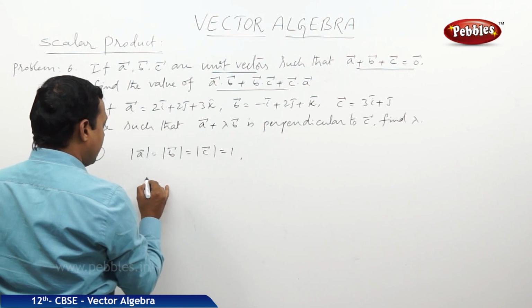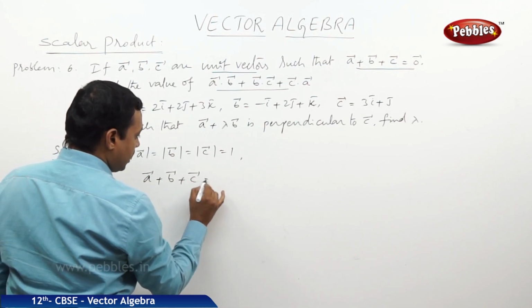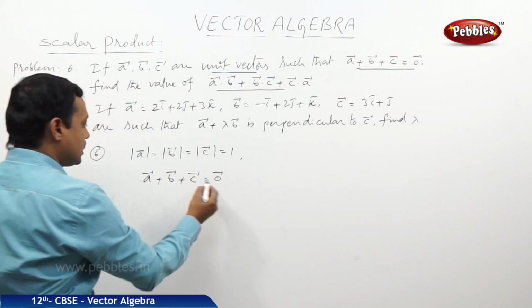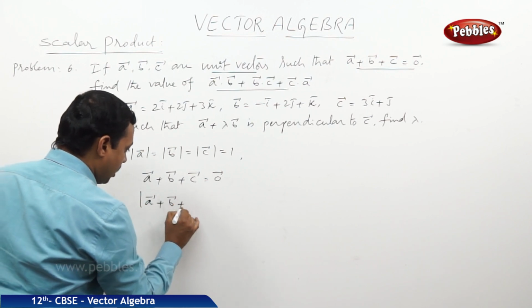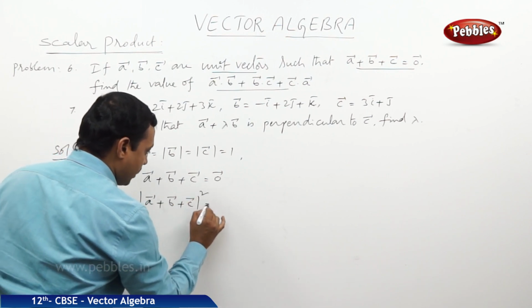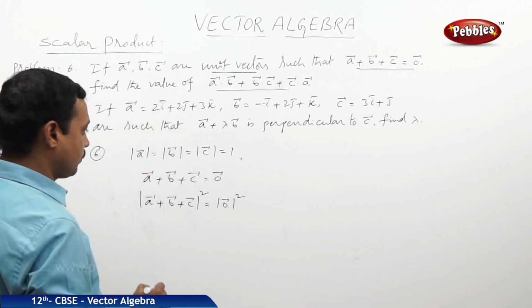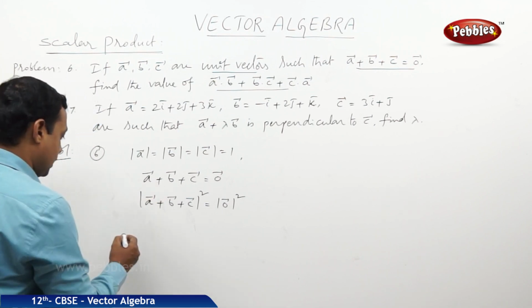And also given that A bar plus B bar plus C bar is equal to 0 bar. Now consider the modulus. A bar plus B bar plus C bar whole square is equal to modulus of 0 bar whole square. So take magnitude on both sides and square on both sides.